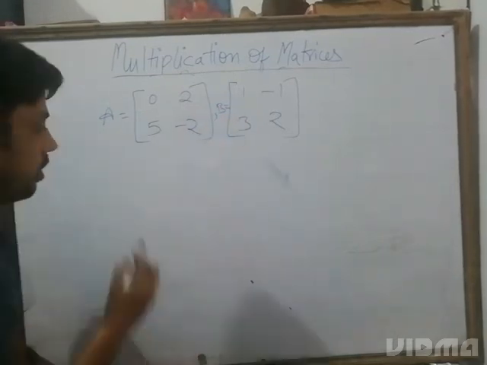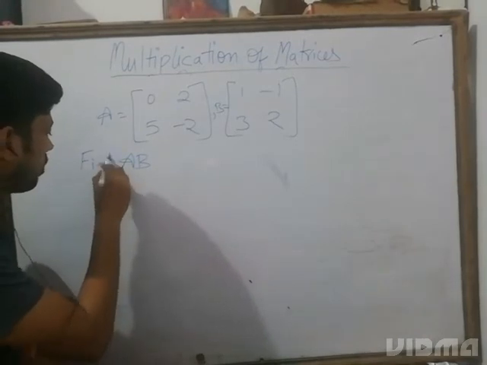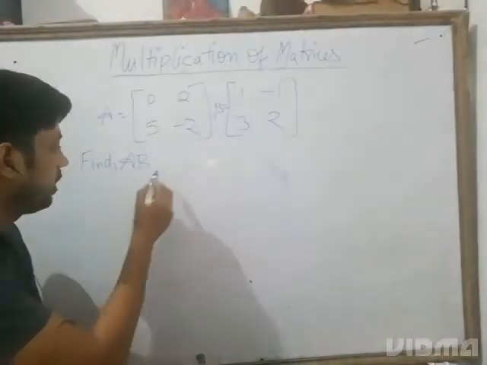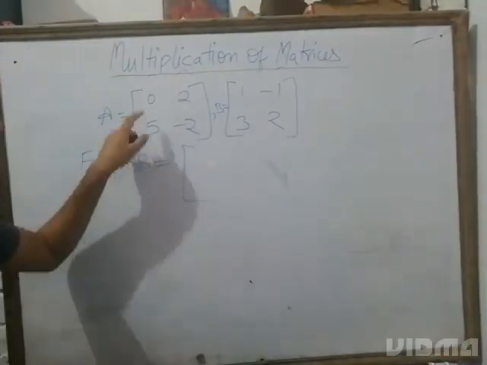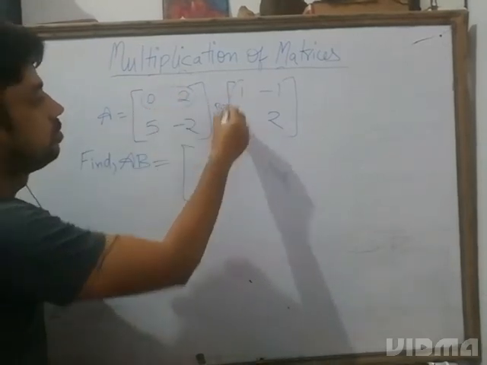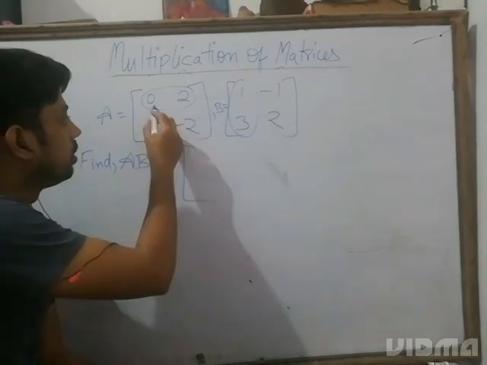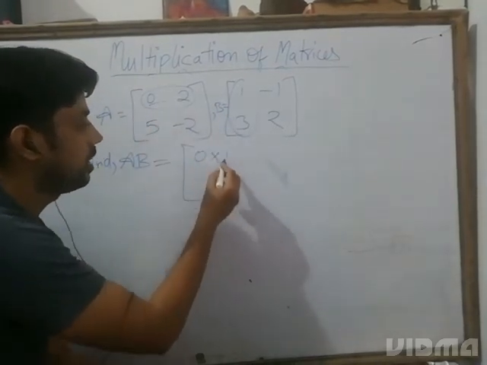We have to find AB. So how will we find AB? We will multiply this row to this column, this row to this column. So let's multiply.